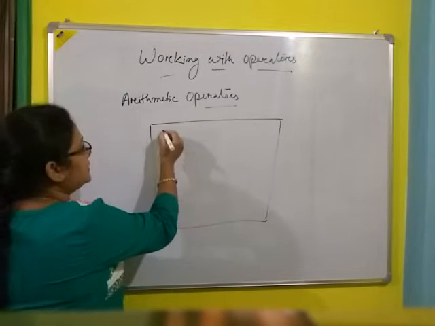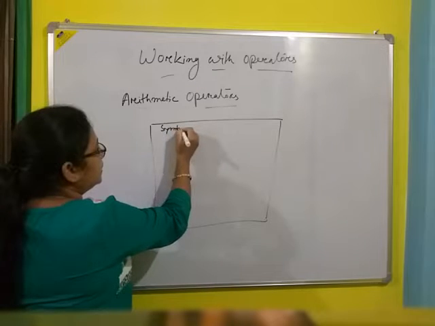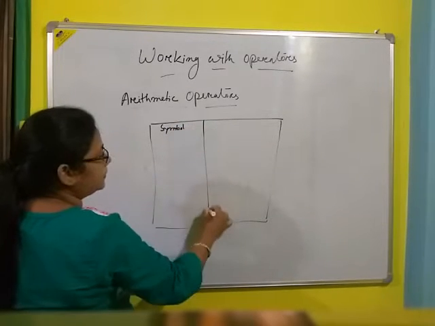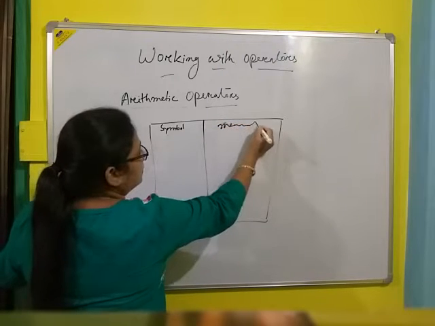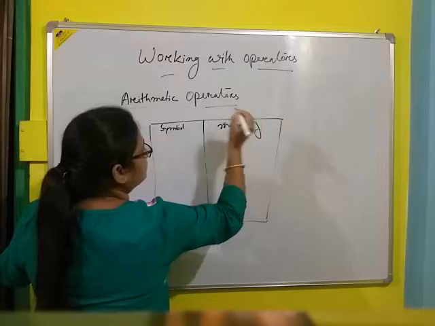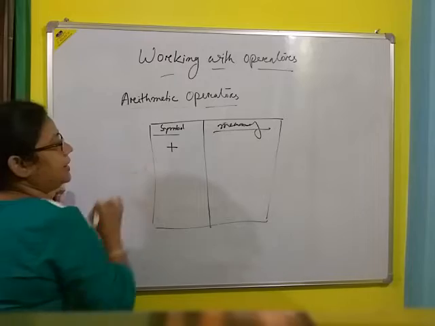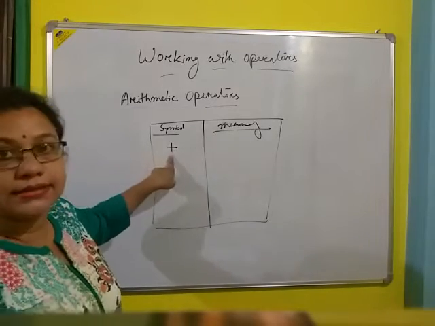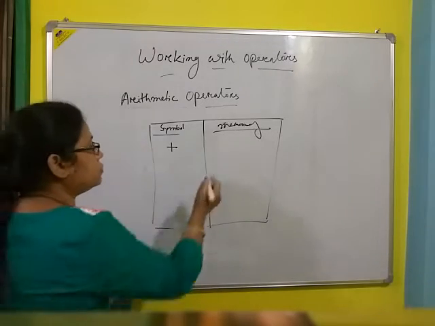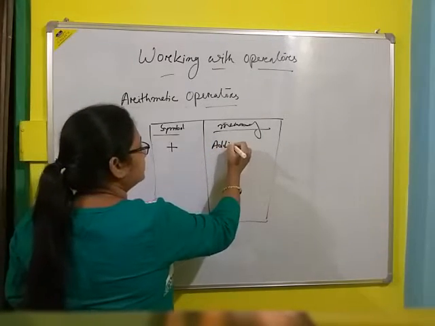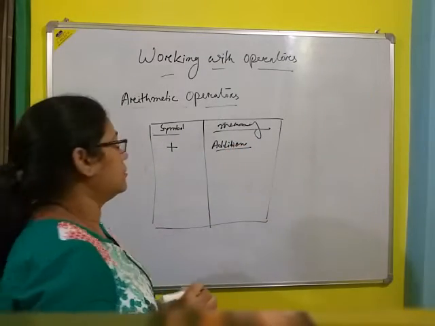The first one is the symbol. Here I am going to use the symbol of the operator, and here I am going to use the meaning. Symbol and meaning. Now the first symbol of the arithmetic operator is the plus. As you know, this plus operator is used for performing addition.